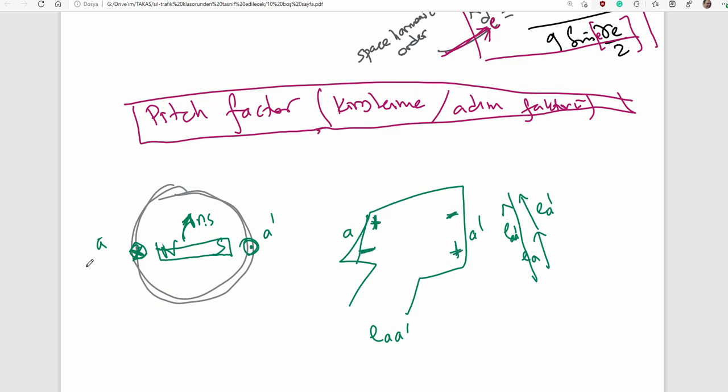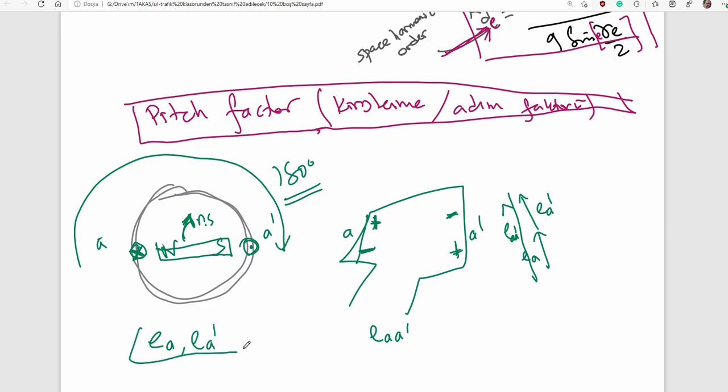Those are 180 degrees displaced by each other. Armature EMF in the side A is displaced by 180 degrees from EMF A prime.